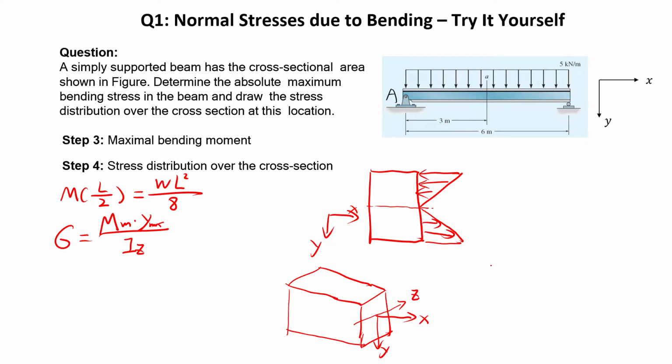So you can draw like this, if I visualize in 3D. In 3D, it's a bit difficult to draw. Anyway, we will try to draw it. This is the I-beam.